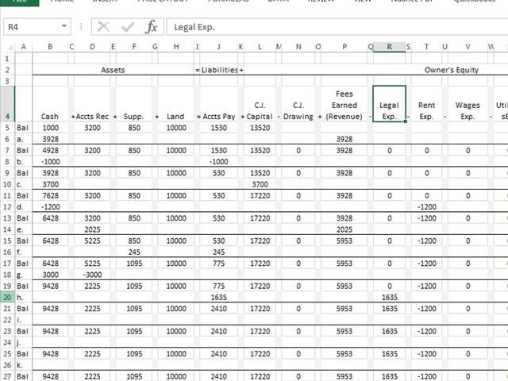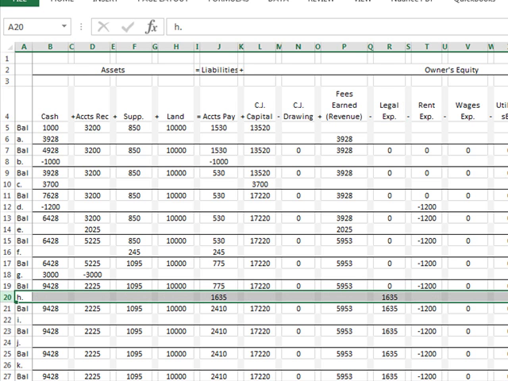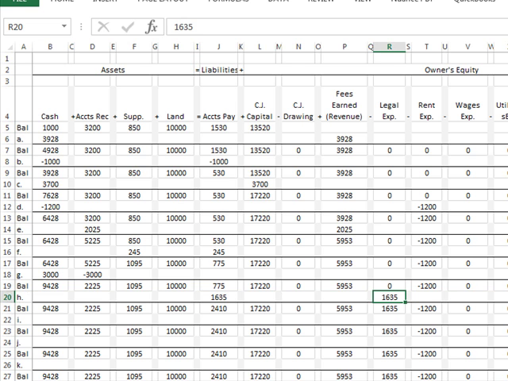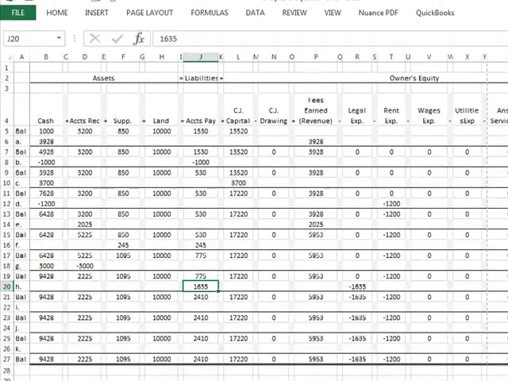So this transaction H, received an invoice for paralegal services, $1,635 to be paid on August 10th, which is next month. We're going to increase the legal expense bill, but we're going to enter it as a negative. And then under accounts payable, we're going to increase accounts payable by $1,635.